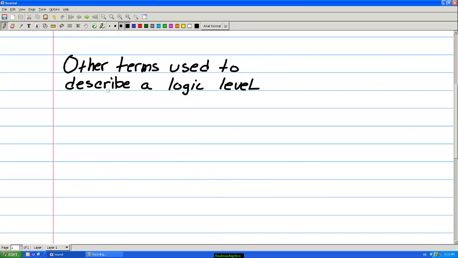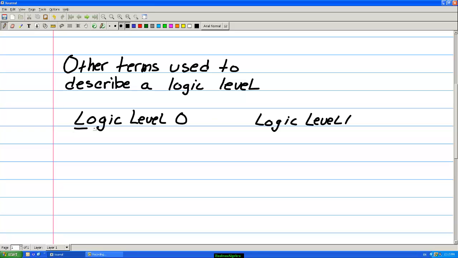Now, there are other terms used to describe logic levels. So if we have a logic level of 0, and a logic level 1. Some of the other terms used would be, for logic level 0, we have false, and logic level 1 would be true.